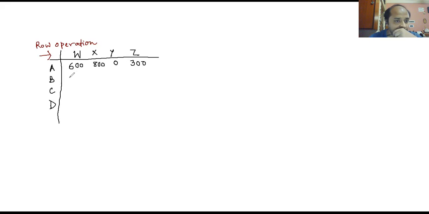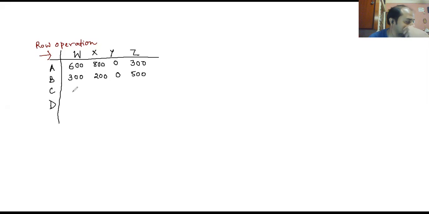Similarly, if you go to the next row, the minimum element is 300. So I'm going to subtract 300 from all the elements of row B. So 600 minus 300 is 300. 500 minus 300 is 200. 300 minus 300 is 0. 800 minus 300 is 500.